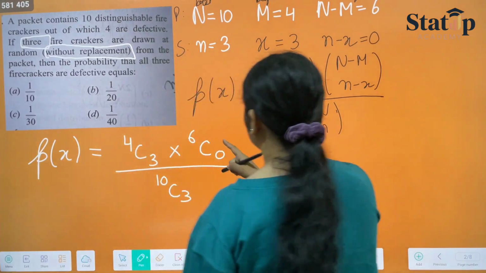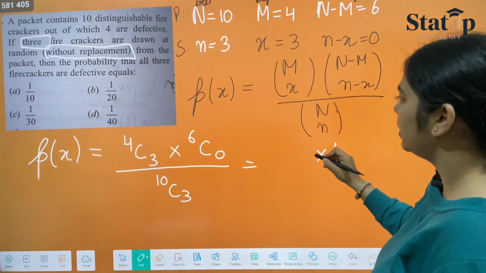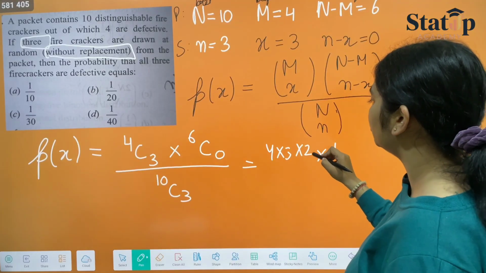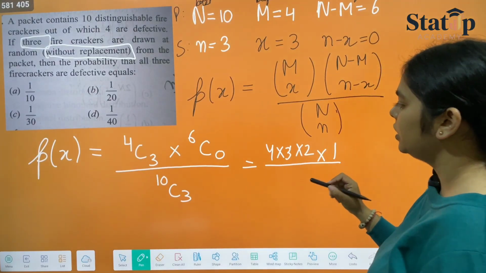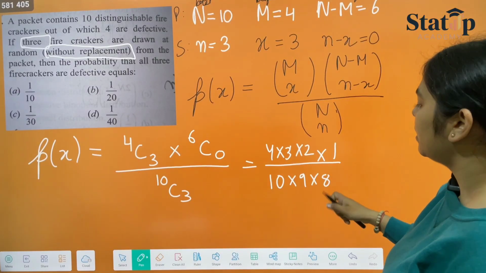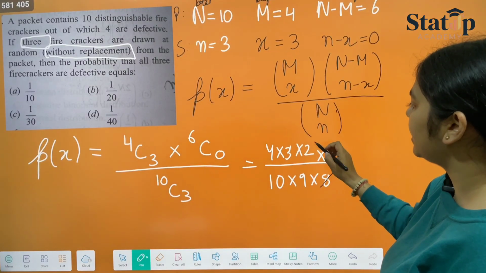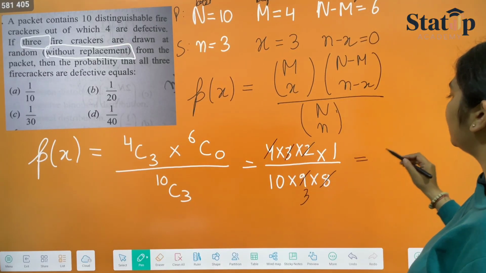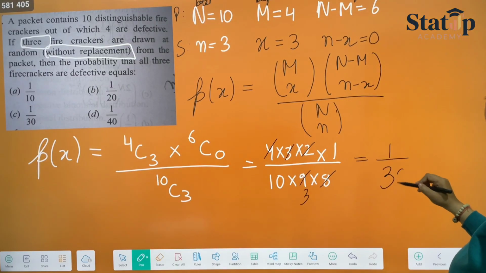If we solve this, 6C0 is 1, into 4C3 is 4, upon 10C3, which is 10 into 9 into 8 by 3 into 2. The 8 gets cancelled with 4 and 2, and the 3 cancels as well, and we are only left with 1 upon 30.